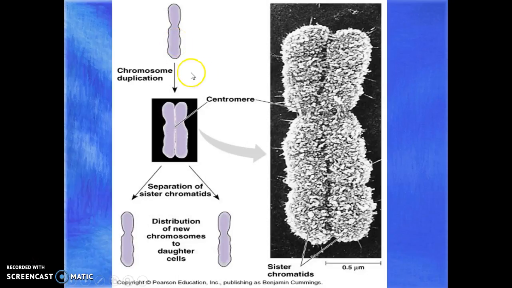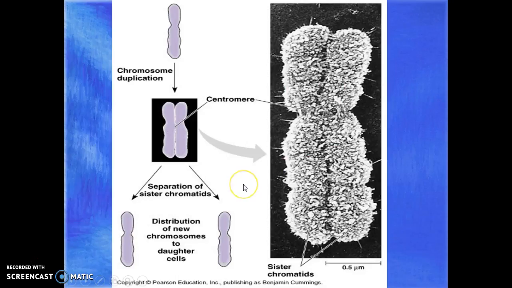We then duplicate that DNA, and when it's duplicated, now we have two identical sister chromatids that are joined together at the centromere. And again, you can see right here is our little waist.